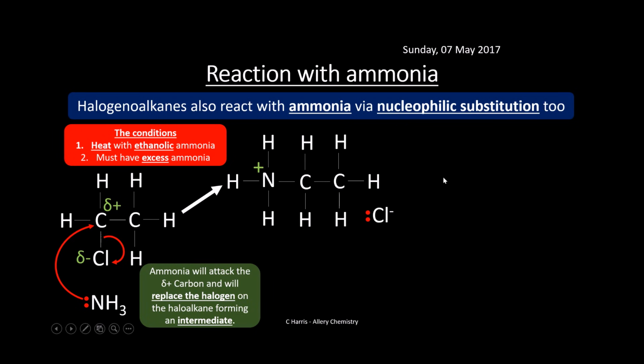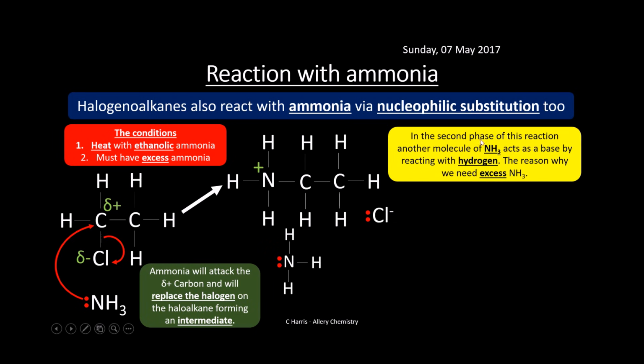Now, this is where it gets a little bit different. Okay, so in the second phase, yes, we've got 2 phases of this. Another molecule of ammonia acts as a base by reacting with the hydrogen, and this is the reason why we need excess ammonia. So there is your ammonia, lone pair on the nitrogen, and this is acting as a base here, and bases are proton acceptors.